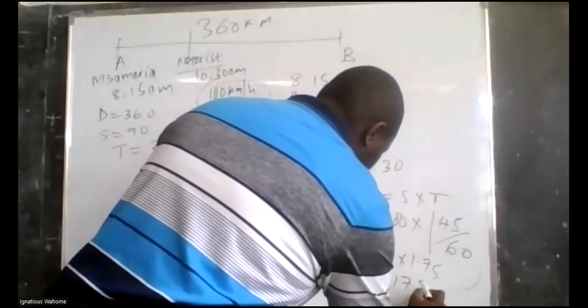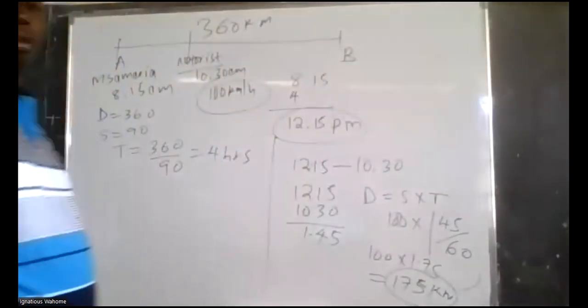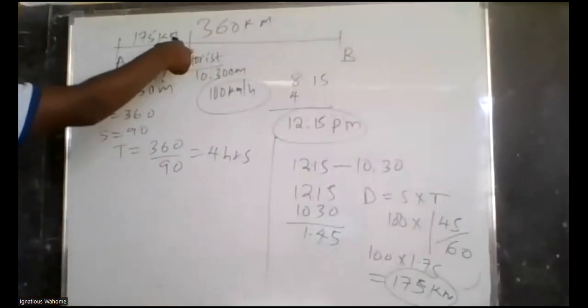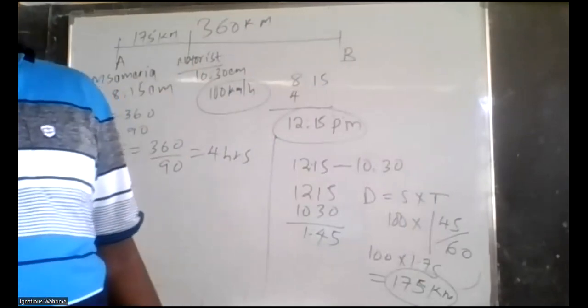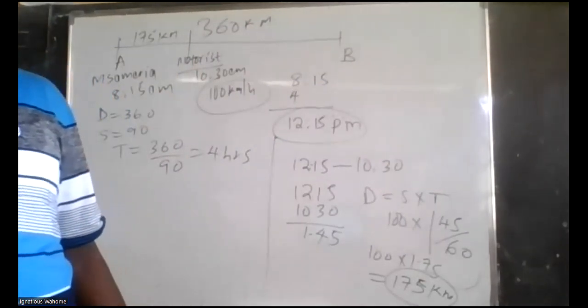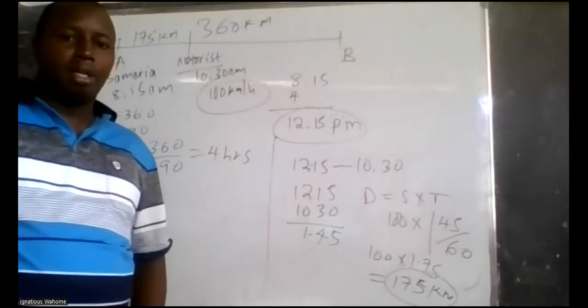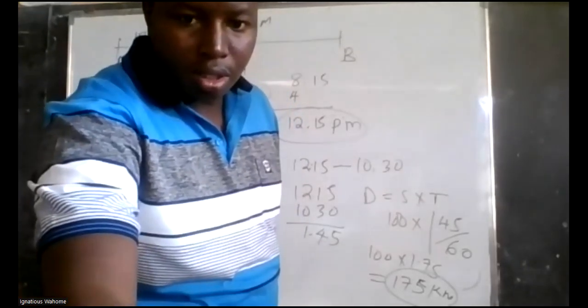You get 175 kilometers. So the motorist's home is 175 kilometers from A.